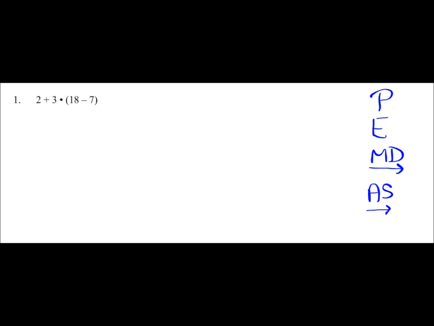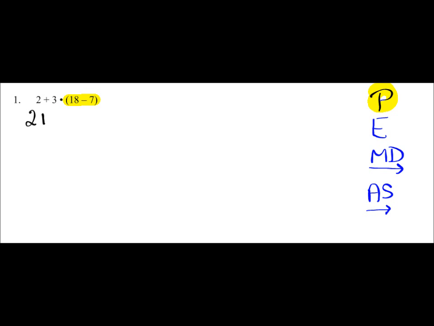And so we take a look at our expression up at the top, and the first thing we're looking for is to see if there are any parentheses. And there are, and in fact right here inside that parentheses we have 18 minus 7. So that's what I'll do first. Now what I'm going to do is everything I'm not using, I'm going to just bring down.